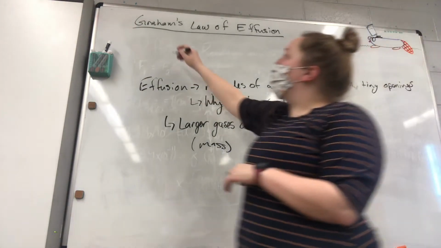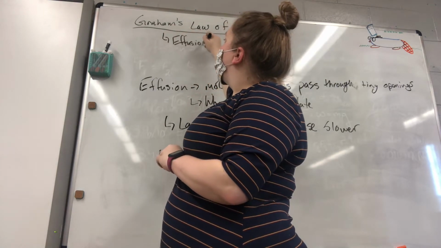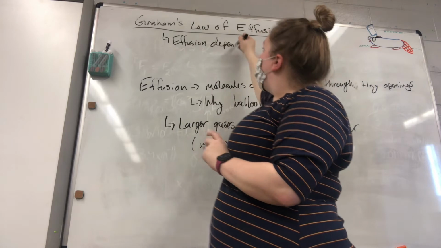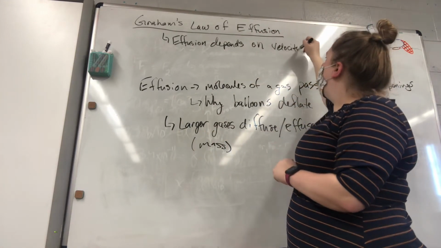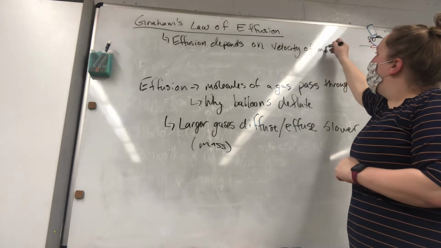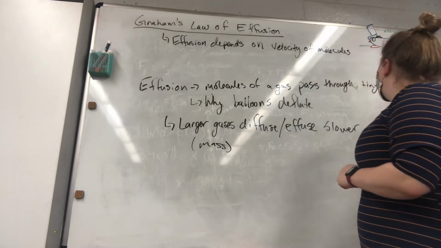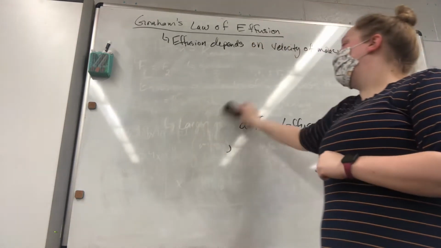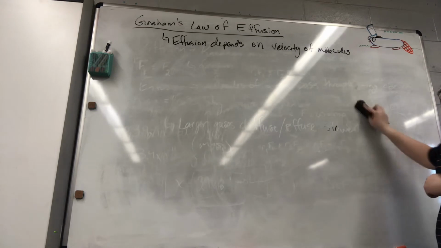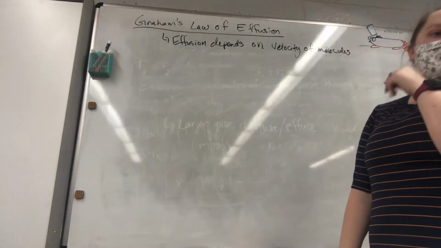So effusion itself, we just said depends on mass, but also on velocity. So how fast they can go through the openings is going to partially depend on how fast they're actually moving.